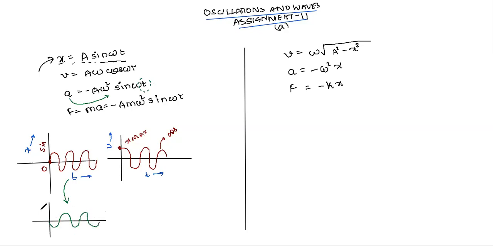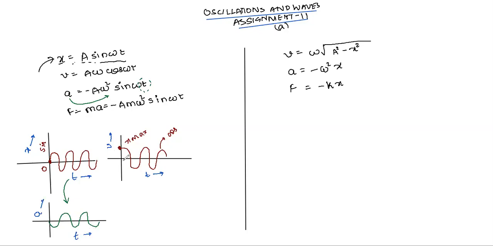That is, we have reversed the graph about the x-axis. Why? Because here we have negative of sine omega t. So this is the graph between acceleration and time.